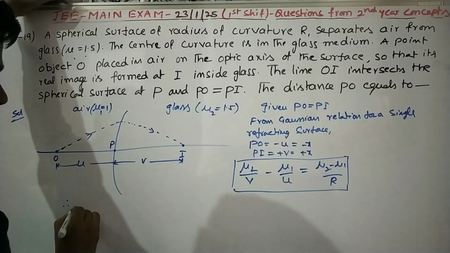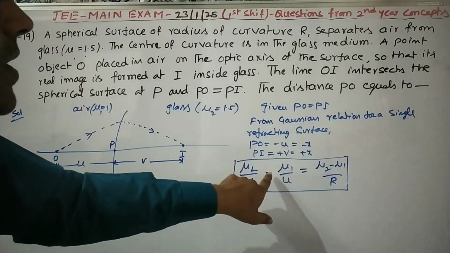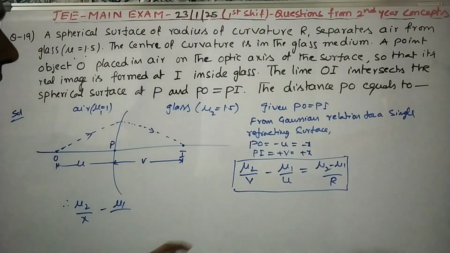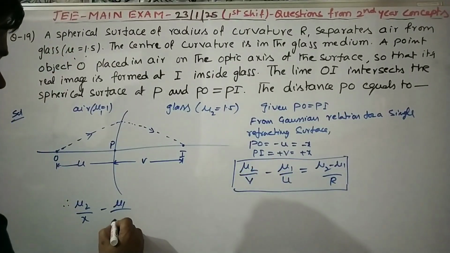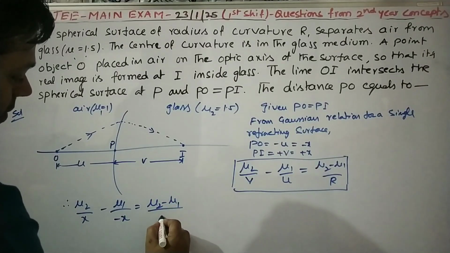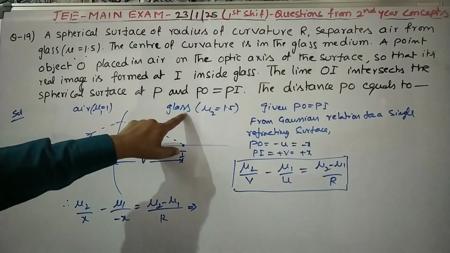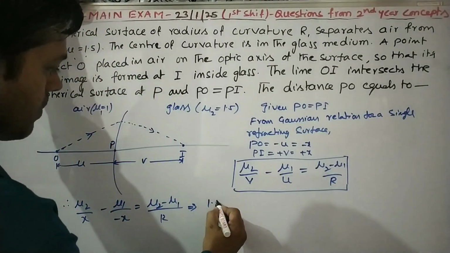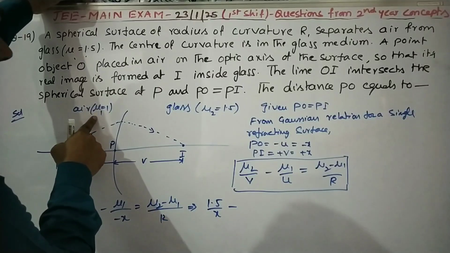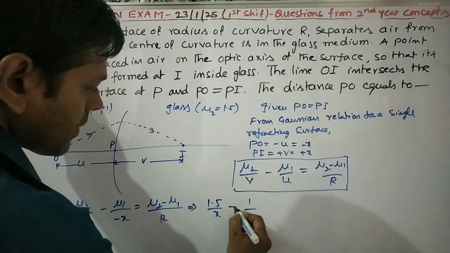Therefore, mu2 by x, because v is equal to x, minus mu1 by u, which is minus x, is equal to mu2 minus mu1 by R. That implies mu2, the refractive index of the glass medium, is 1.5 by x, minus mu1, for air the refractive index is always 1, by minus x.